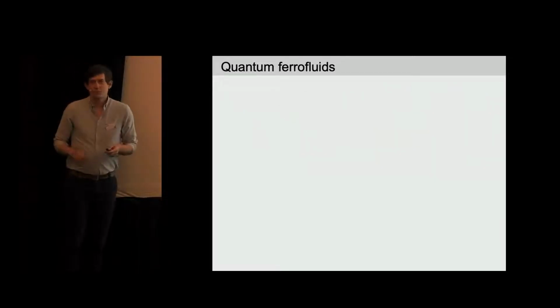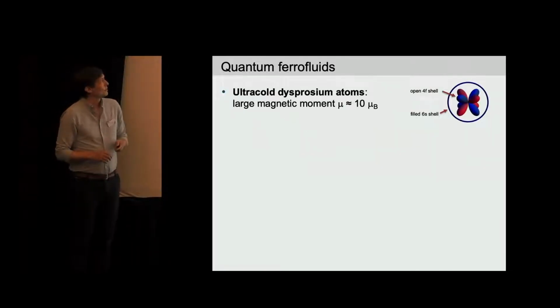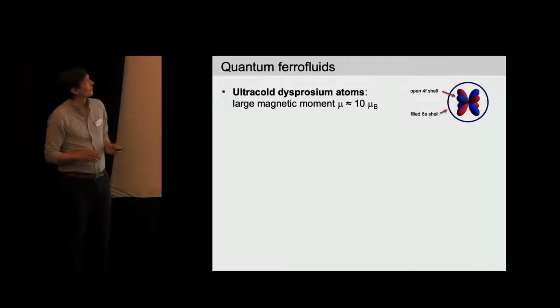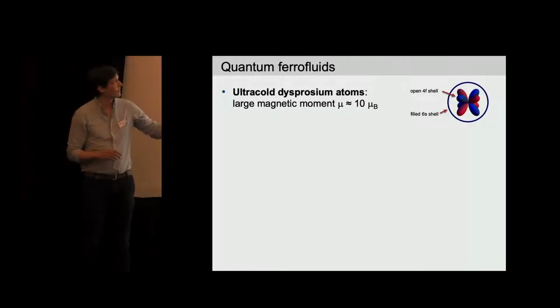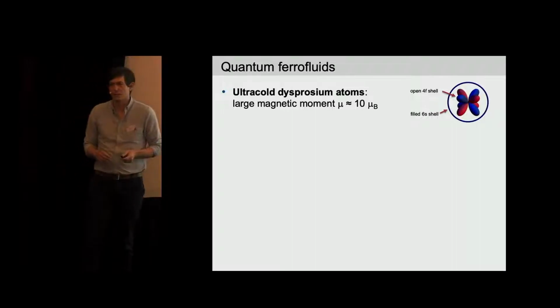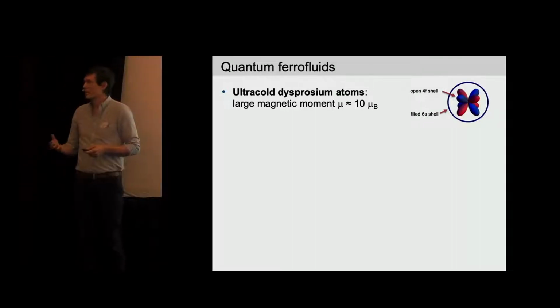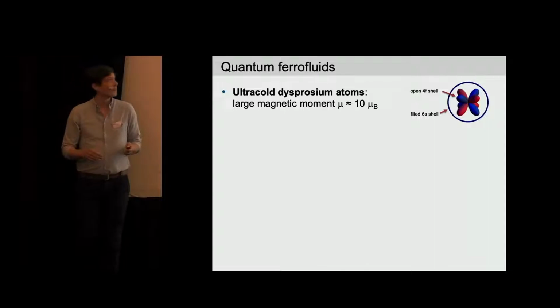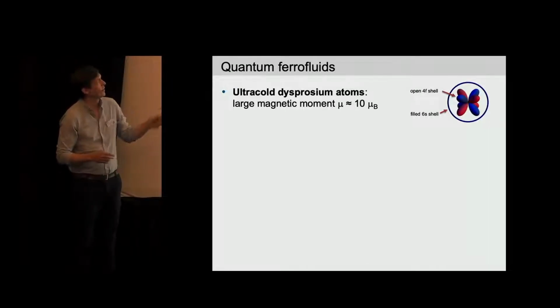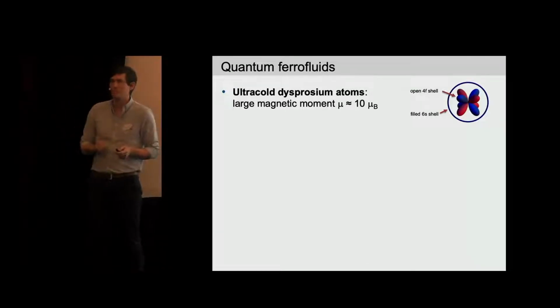For this, we need to produce a quantum ferrofluid, and the way we do this is we use dysprosium atoms. Dysprosium has a very interesting, very complex electronic structure, which gives you large angular momenta, which in the end gives you a large magnetic moment. In fact, it's the largest one you can find in the periodic table, 10 Bohr magneton.